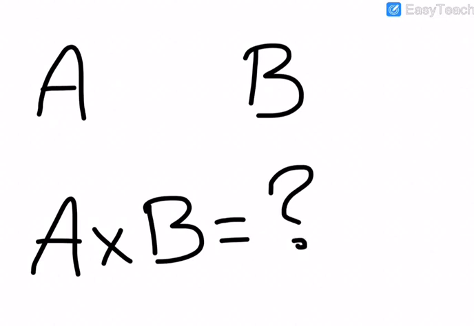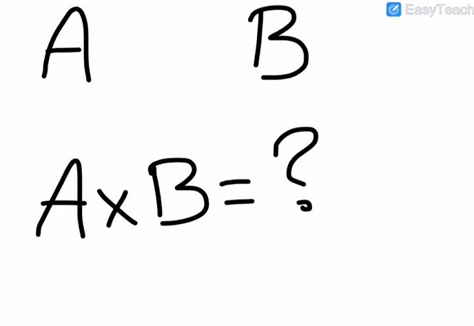Yeah, you can do that. But how? There are some conditions, and we're going to go over it. First, for the two matrices A and B, let's consider if A times B is going to be the matrix C, there is a condition that needs to be satisfied.